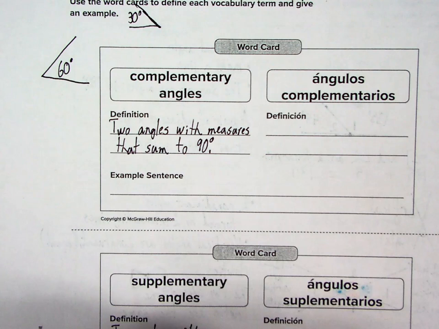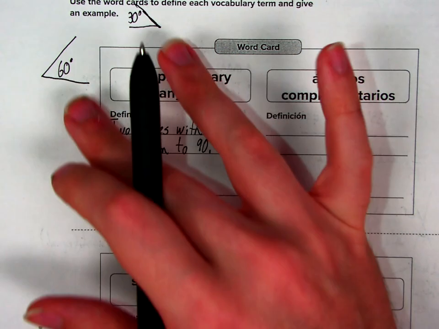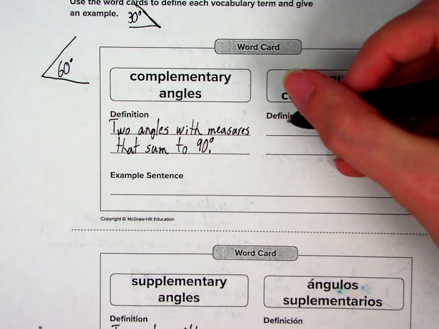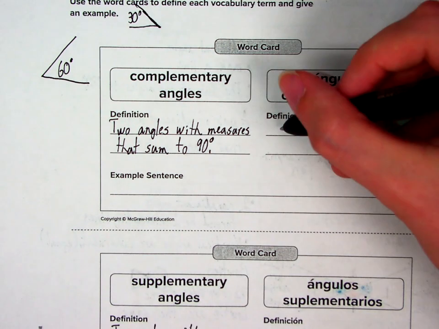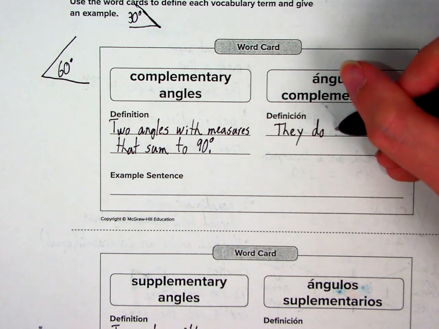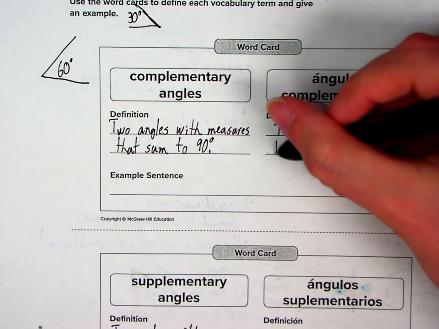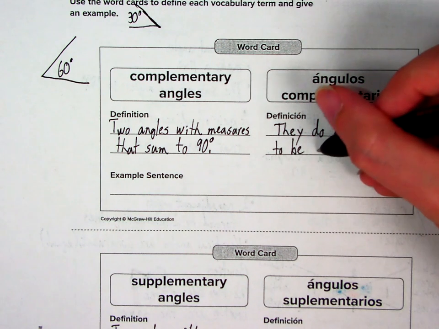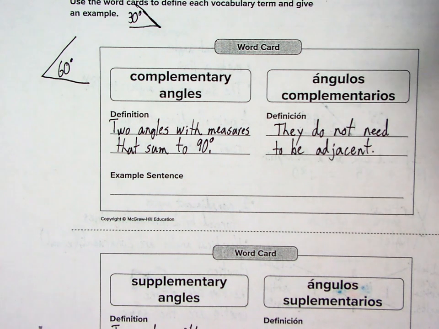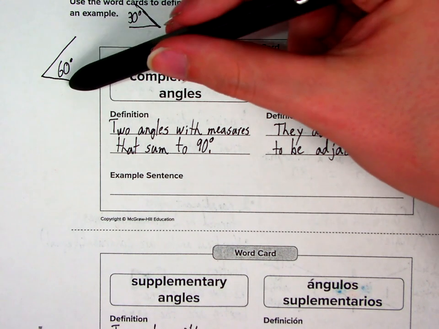These two angles would be considered complementary because they would add up to make 90 degrees. Adding this small comment, our complementary angles do not need to be adjacent.